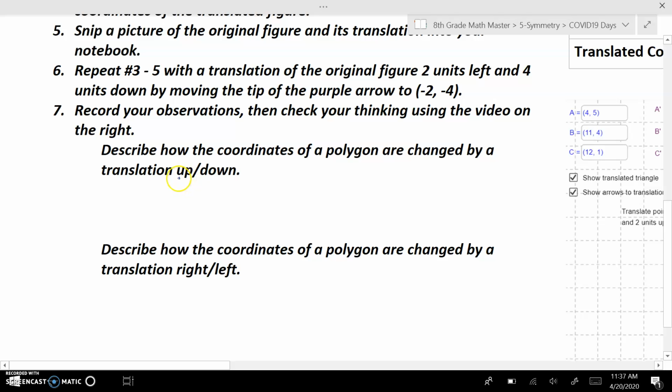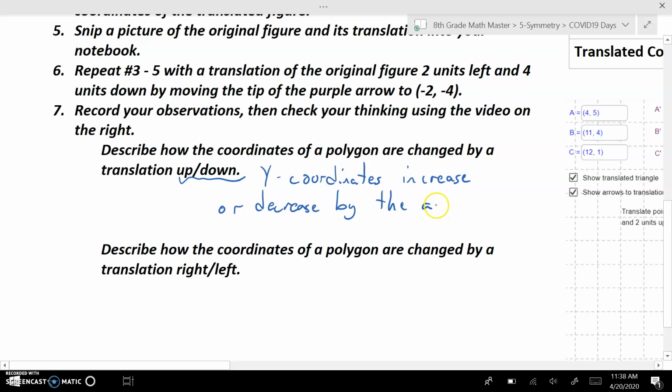When you move the figure up or down, the y coordinates increase or decrease by the amount of vertical change.